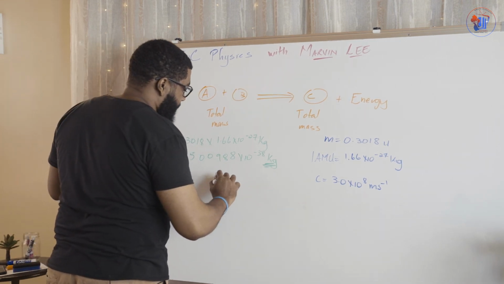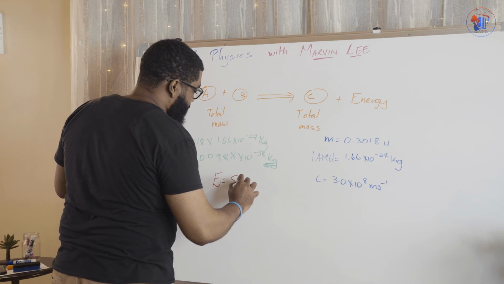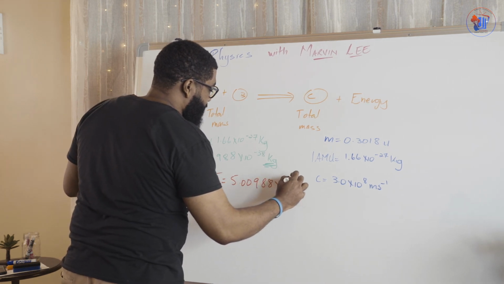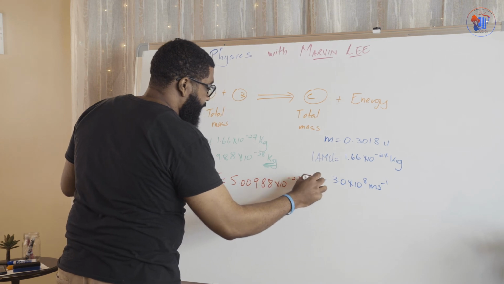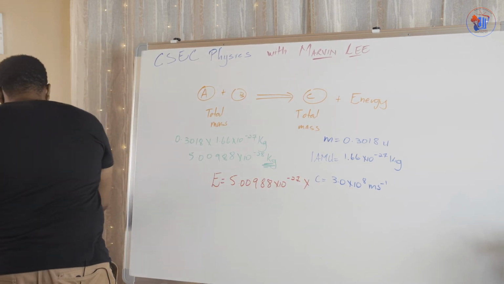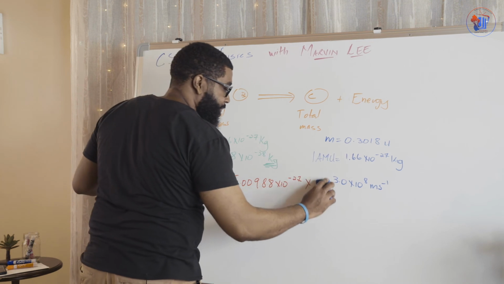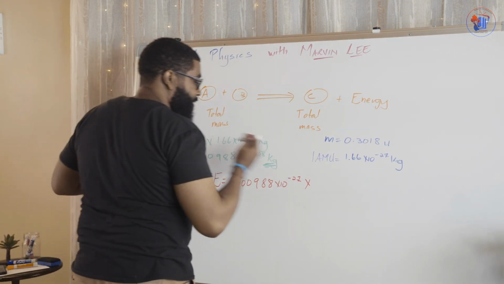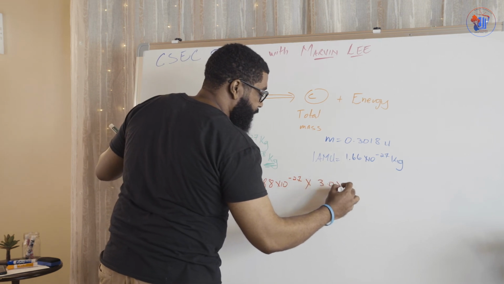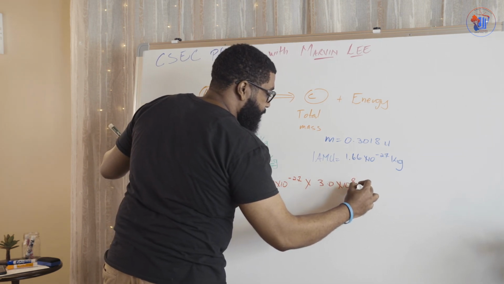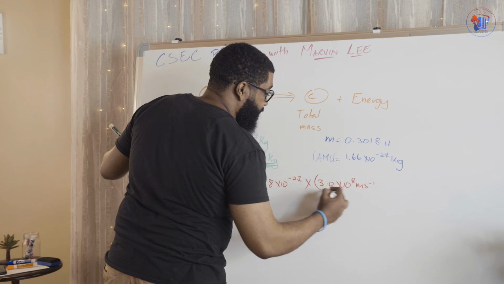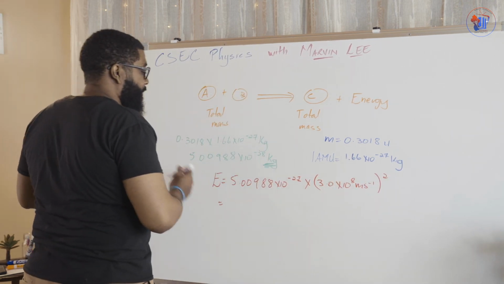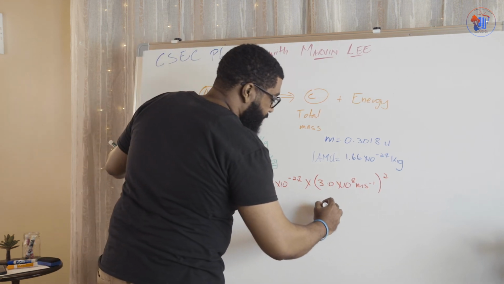E is equal to m times c squared: 5.00988 times 10 to the minus 28 multiplied by the value for the speed of light, 3.0 times 10 to the 8 meters per second. But we have to square this.